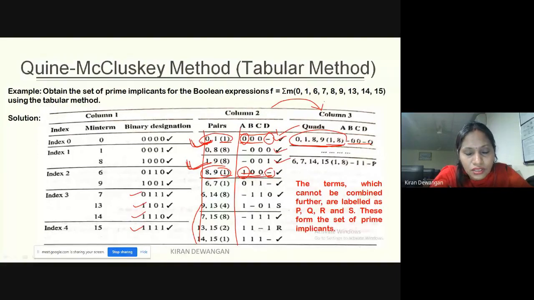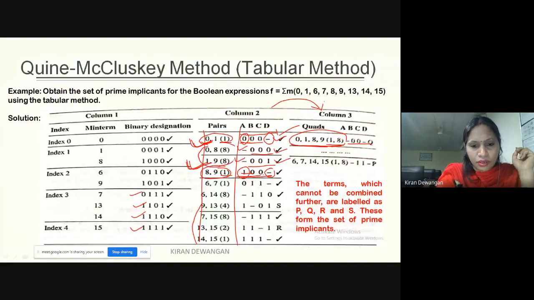So we'll check with this one. This is our next pair that we can check, because they are having the same dash position. Dash position same है तभी हम check करेंगे. ठीक है? So the dash position is the same, we'll check with the rest of the 3 bits. It is again forming a quad, but we need to understand one quad of the same mean terms, that is 0, 1, 8, 9, has already been formed. तो जरूरत नहीं है, वो सेम क्वाड में आ रहा है. ठीक है?